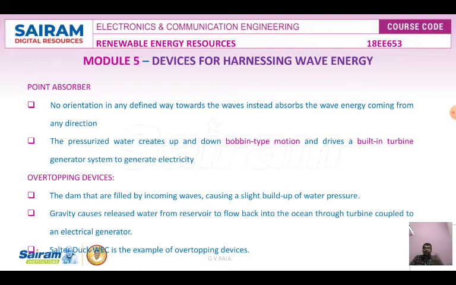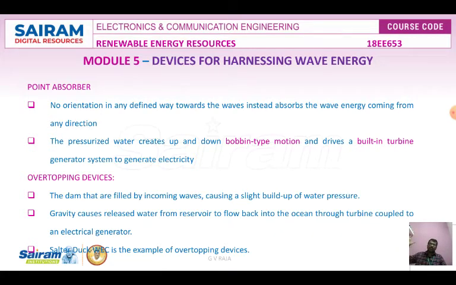Another one is the point absorber. The point absorber is also a floating structure, but there is no orientation. That means it is neither perpendicular nor parallel in nature. It just moves along with the waves. Instead of absorbing the wave energy from any direction, it moves with the rise and fall of the water at a single point of energy conversion.